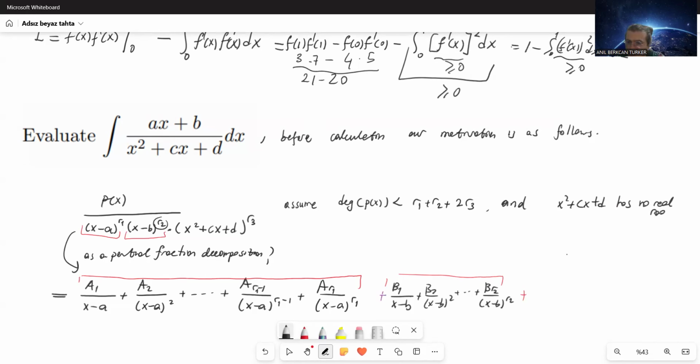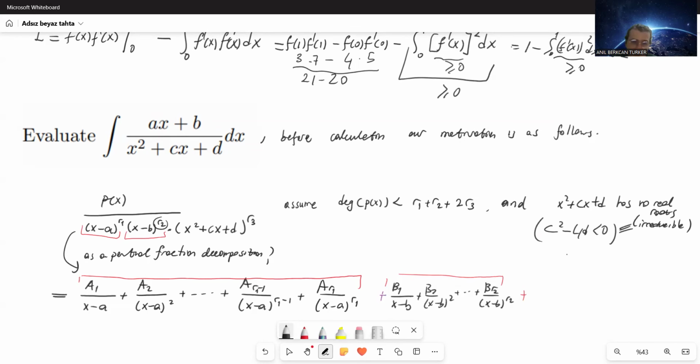I mean, it is irreducible. Here it means irreducible over the field, and if your degree is 2, it's equivalent. In an equivalent way, it means that c squared minus 4d should be less than 0. They are just equivalent.